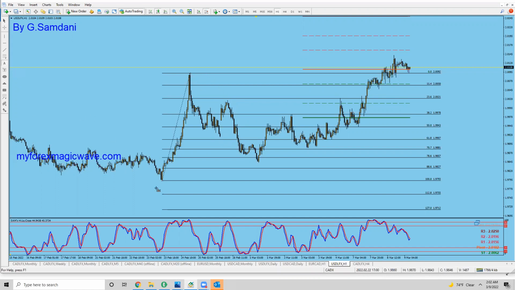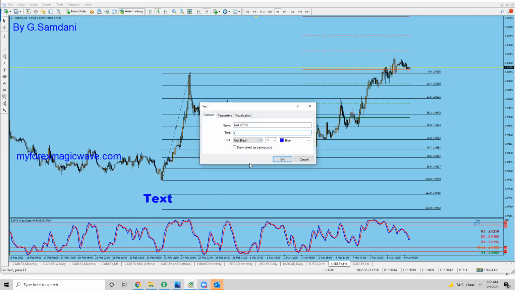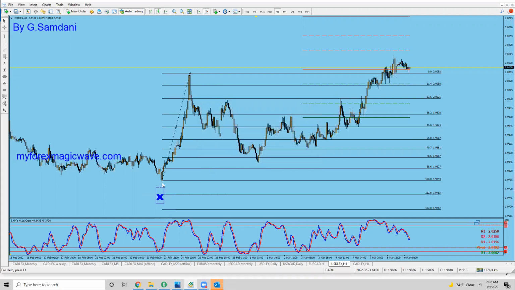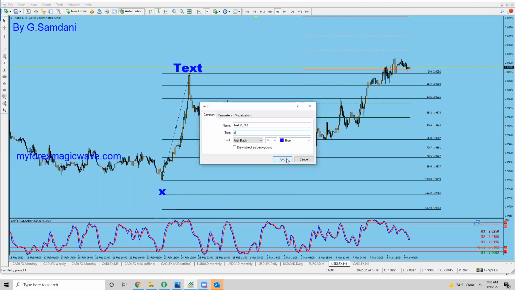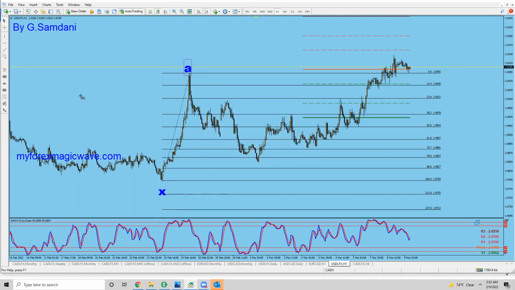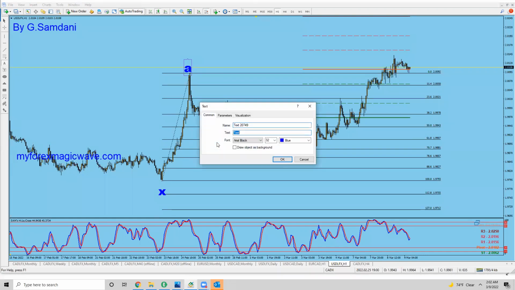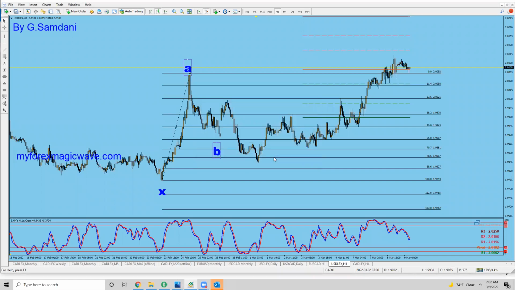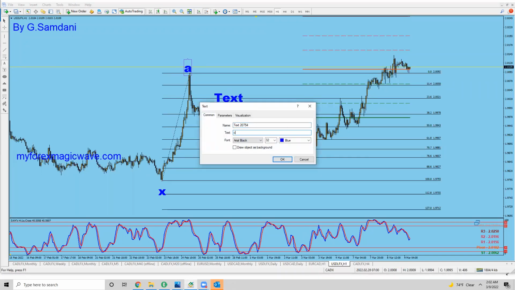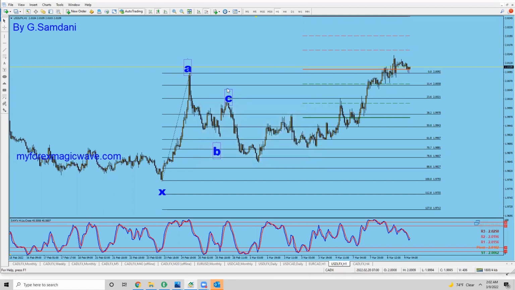For example, if I mark this, like this is X, and this is A, this is B, this is C, right?